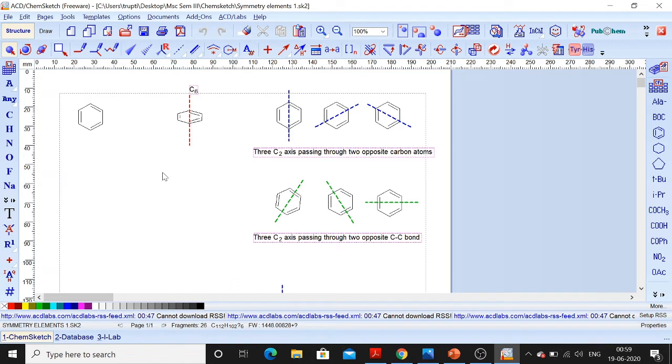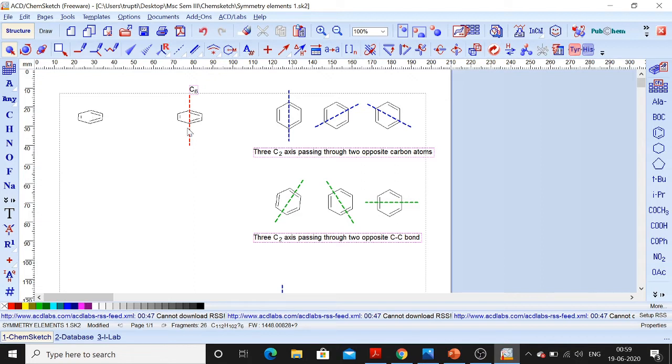This is benzene. So benzene, if I talk about it, all the carbon and hydrogen lie in one plane. So this is a planar molecule. Now, if you look at this benzene, I'm just rotating it in 3D. So if you see this, if I rotate it, you can imagine this axis which is passing through the center of this molecule.